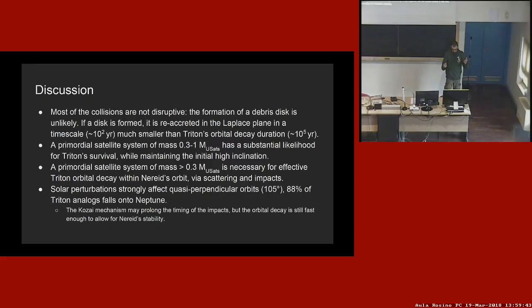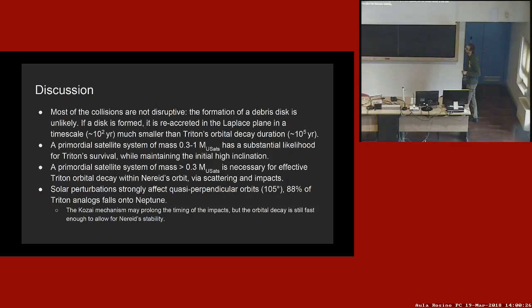So in discussion, the collisions are not disruptive, and the formation of a debris disk is unlikely. If this disk is formed, it is quickly reaccreted, and so it does not contribute to Triton's orbital decay. A primordial satellite system of 0.3 to 1 Uranian satellite masses has a substantial likelihood for the survival of Triton while maintaining its high inclination, which is important, but only a system with higher mass than 0.3 allows for Triton's orbital decay in times that allow for Nereid's and other irregular satellites' survival.